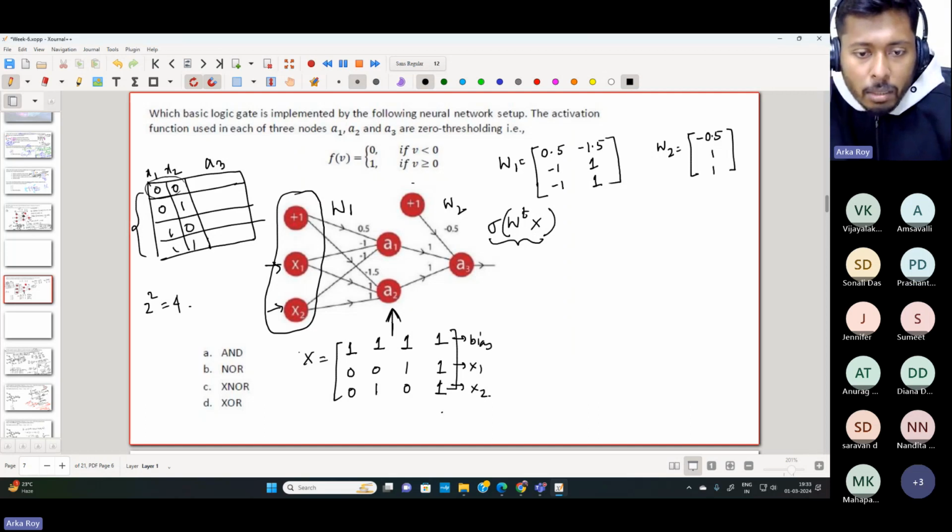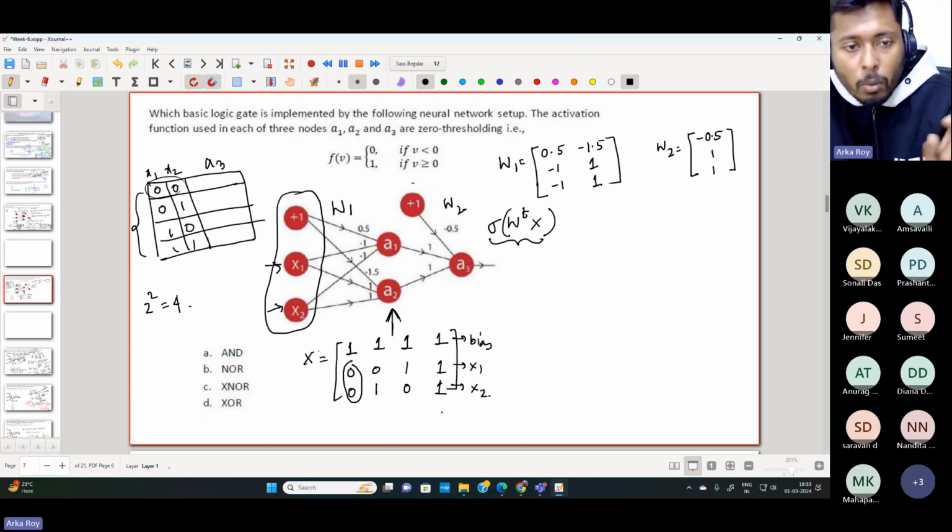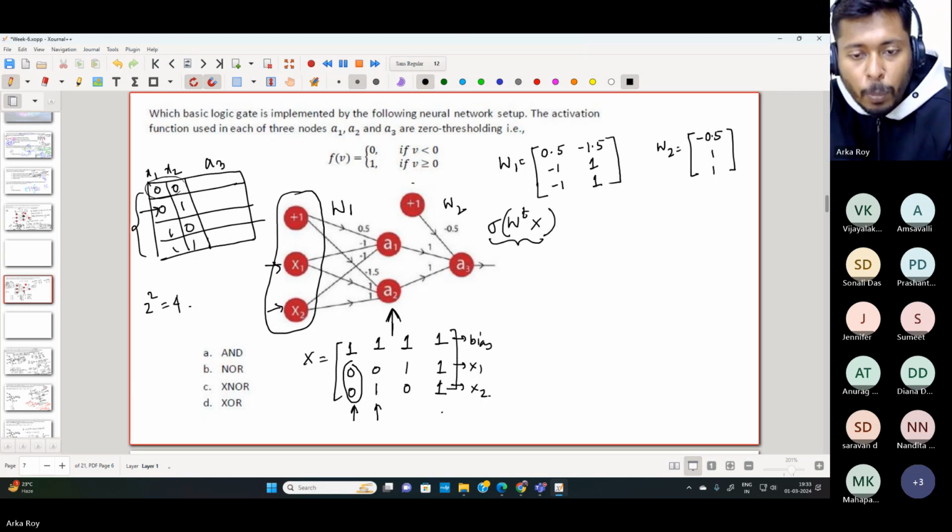You just have to see that, in whatever manner you write, you track it: okay, I was feeding 0 1 at the first instance, so for 0 1, what is the output? To track it in an orderly fashion, I have written it in this manner because the conventional way to write logic operations is like this. You can change the order, but you need to track it.